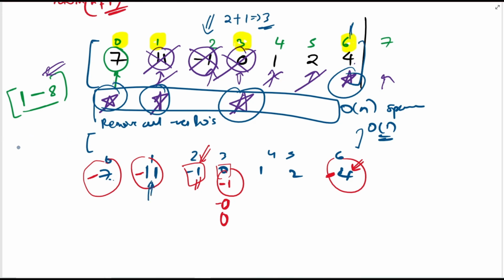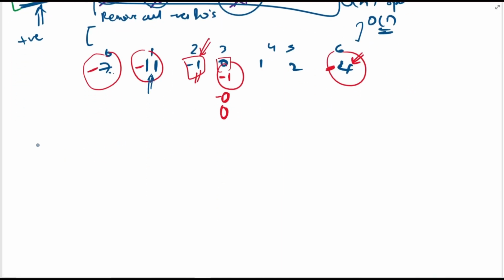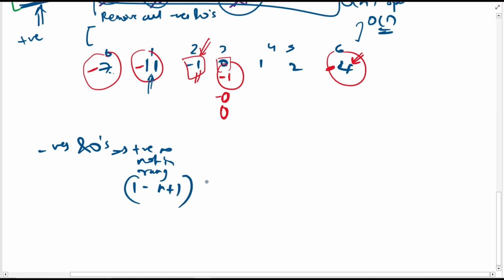Because 11, first of all, is a positive number and it is not in the range 1 to 8. So what if we replace these negatives and zeros with some positive number not in the range of 1 to n plus 1? That will work, right? So I will replace it with n plus 2.